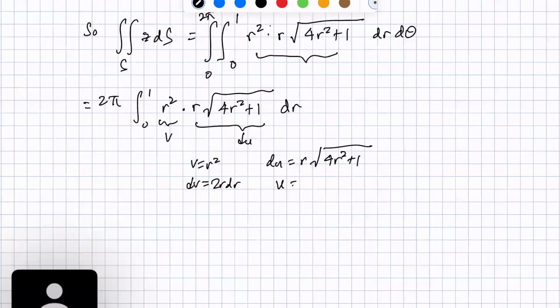And the more that you can do this in your head, the better. This is going to be 1/2. This is going to be 3/2, 2/3. And then I have an 8r, so I have a 1/8. So right here, I have a 1/12 times 4r squared plus 1 to the 3/2.